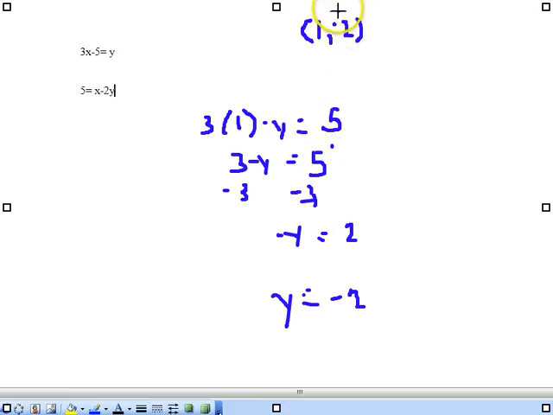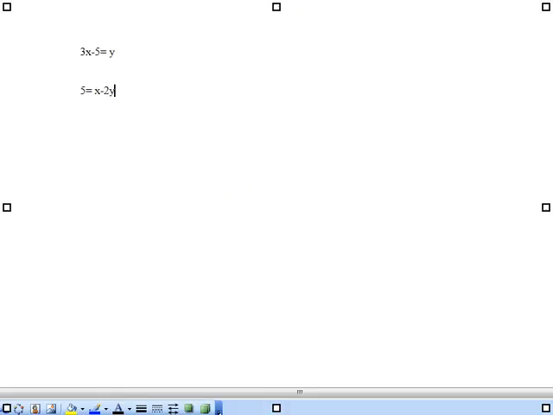So our solution for this system of equations is 1, negative 2, and we used the multiplication property of equality, and then we used the addition method to find this solution. Then it says under critical thinking, to solve Rachel's system of equations by addition, what number should be used to multiply each side of the first equation?